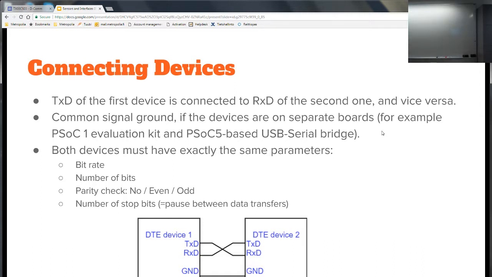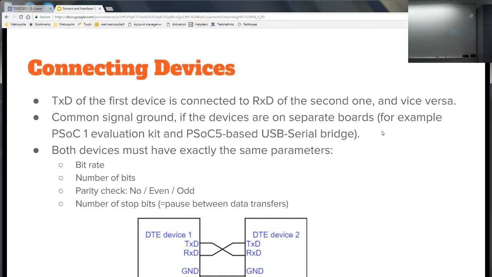But anyway, almost all devices or systems nowadays have the signal defined so that it looks like DTE equipment, which means that in order to do data transmission between two devices, you have to cross the transmit and receive lines, of course.